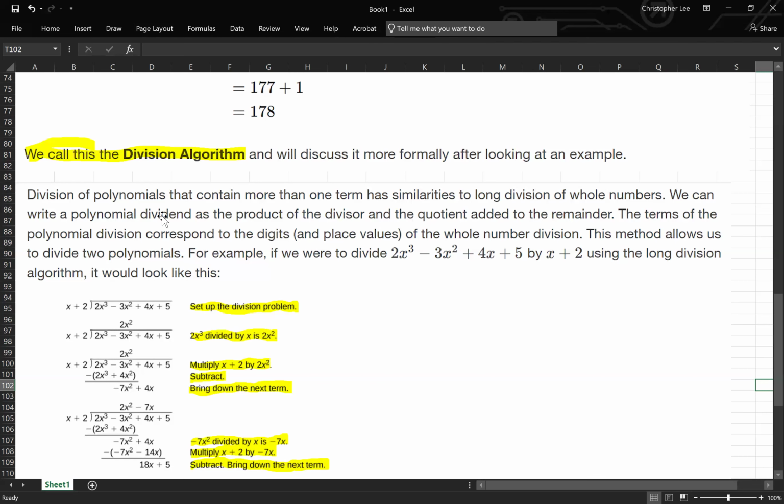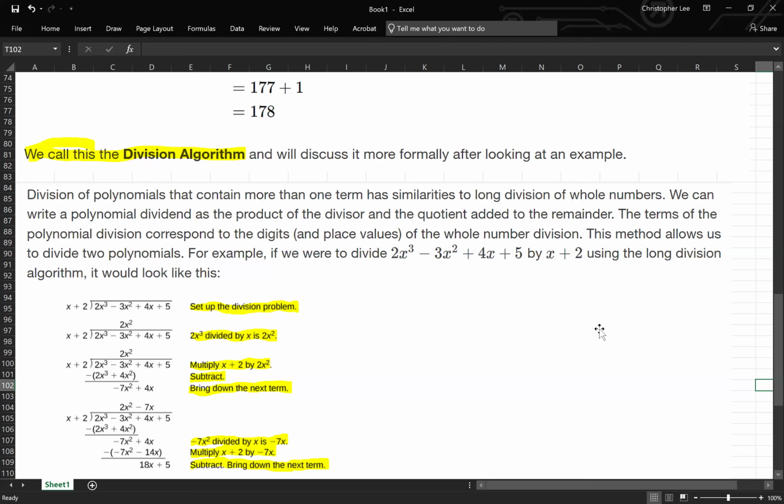All right. So division of polynomials that contain more than one term has similarities to long division of whole numbers. We can write a polynomial dividend as the product of the divisor and the quotient added to the remainder. The terms of the polynomial division correspond to the digits and place values of the whole number division. This method allows us to divide 2 polynomials.